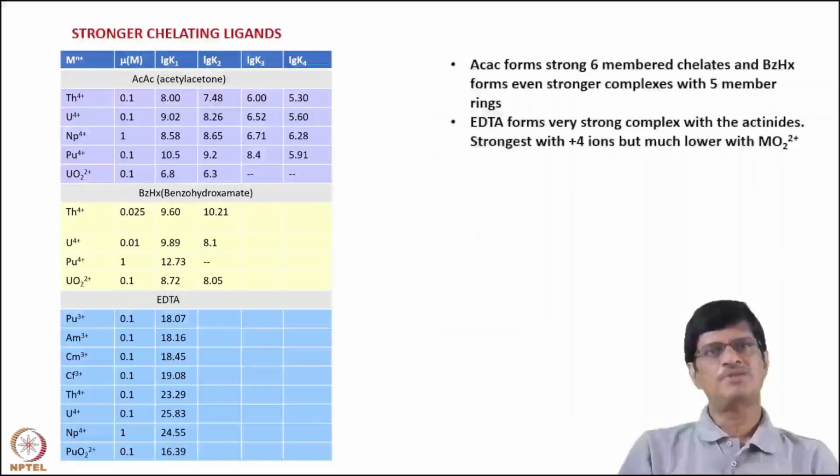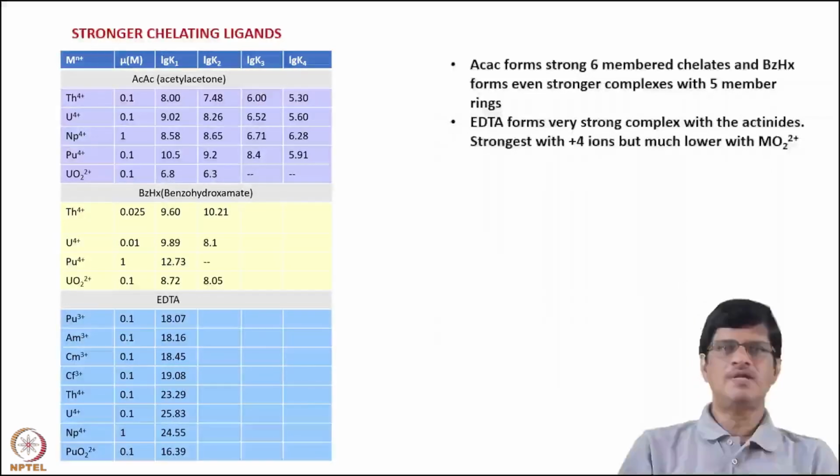And their application is that acetyl acetone as well as benzohydroxamic acid form complexes which can be easily extracted into the organic phase, and that is how the separation of actinides can be done. Also, ethylene diamine tetraacetic acid, or EDTA, is a multidentate chelating ligand, and it forms very strong complexes.